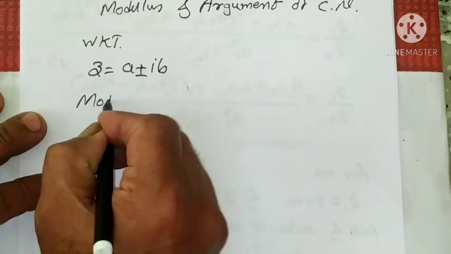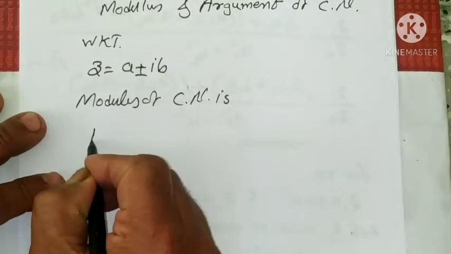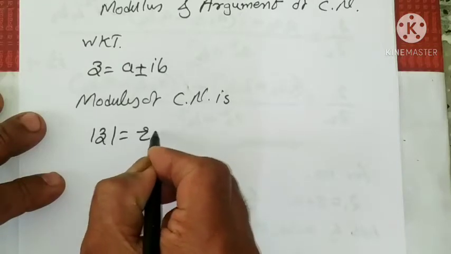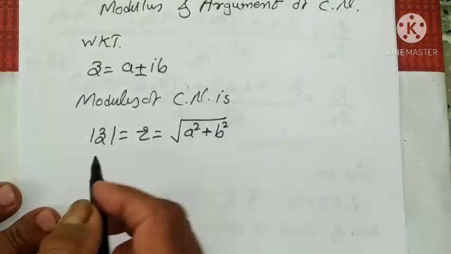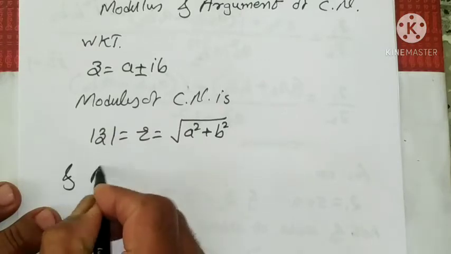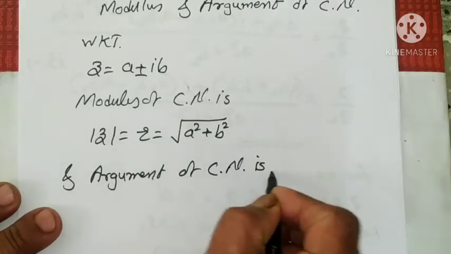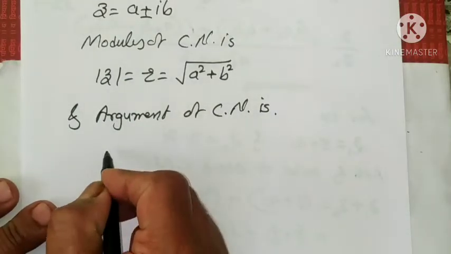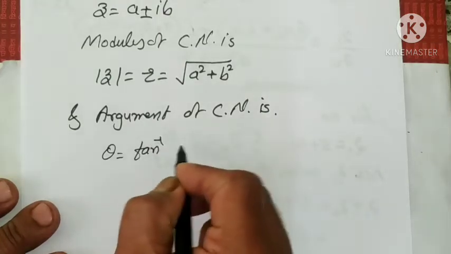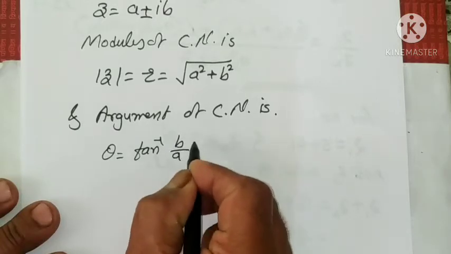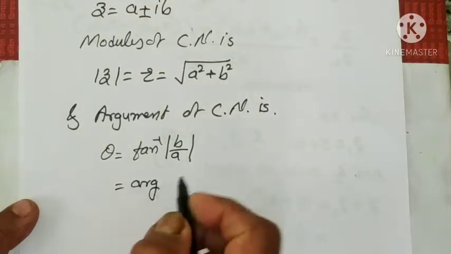Modulus of complex number is mod Z is equal to r is equal to root a square plus b square, and argument of complex number is theta is equal to tan inverse b divided by a is equal to arg Z.